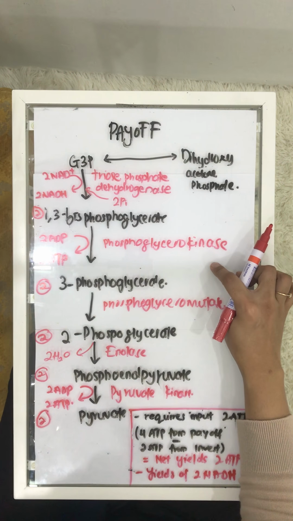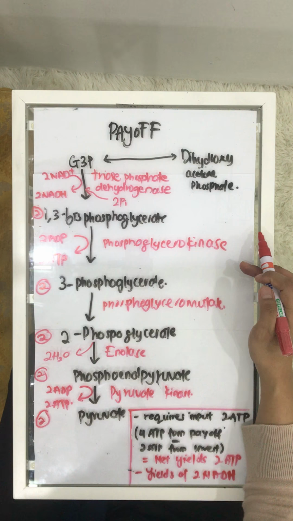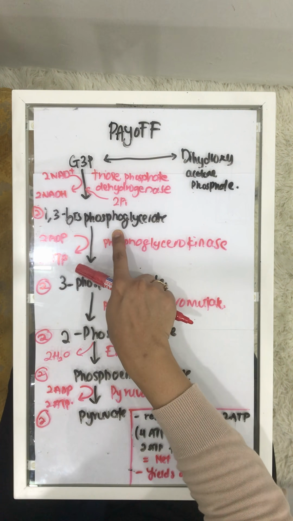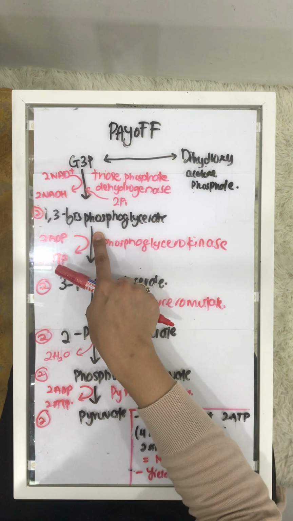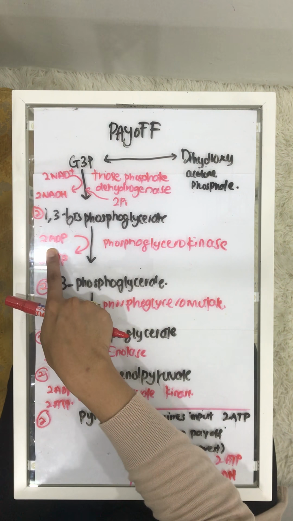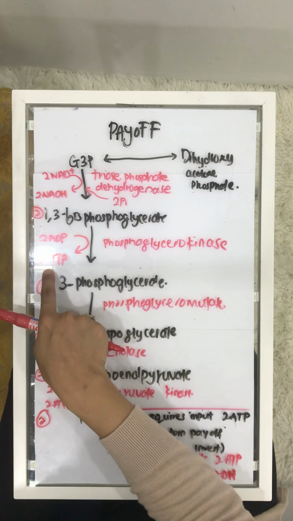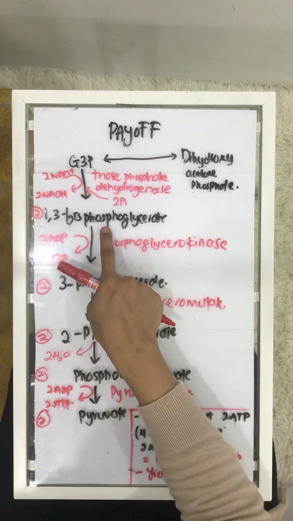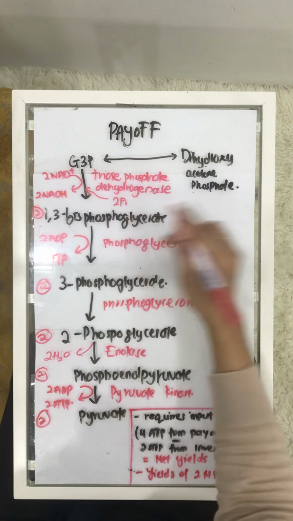So this kinase enzyme is used to transfer the phosphate group from the first position of phosphoglycerate to adenosine diphosphate. So in this reaction, adenosine diphosphate becomes adenosine triphosphate because it received the phosphate group from phosphoglycerate.